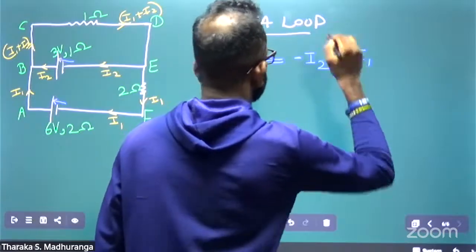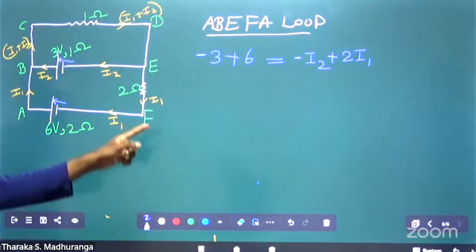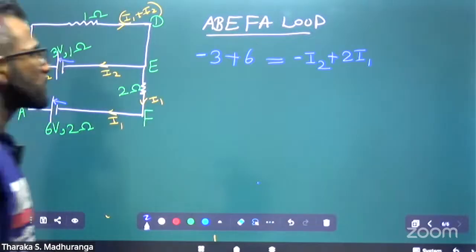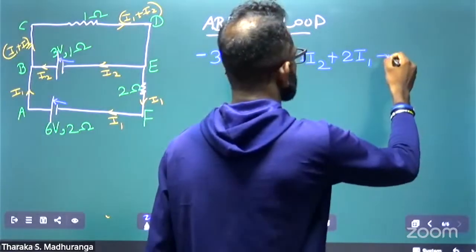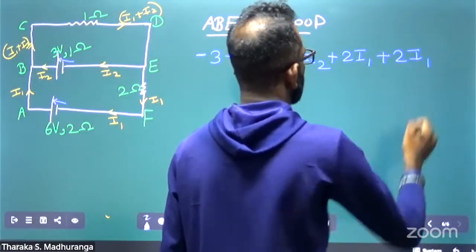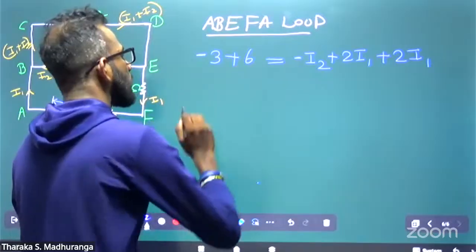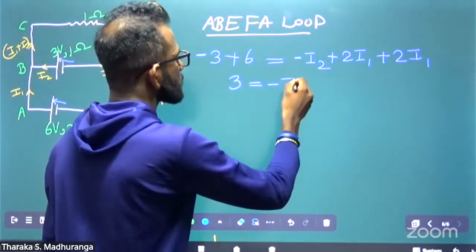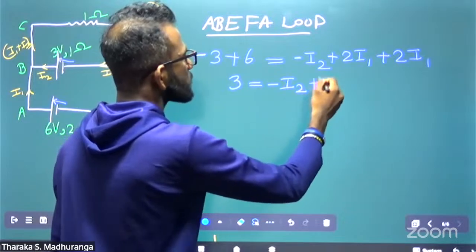F to A, our direction and current direction are the same, plus 2 I1. Okay, now you get -3 plus 6, meaning +3, equals -2 I2 plus 2 plus 2, 4 I1.